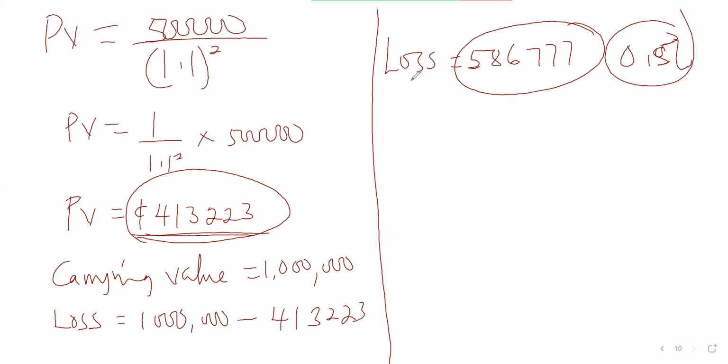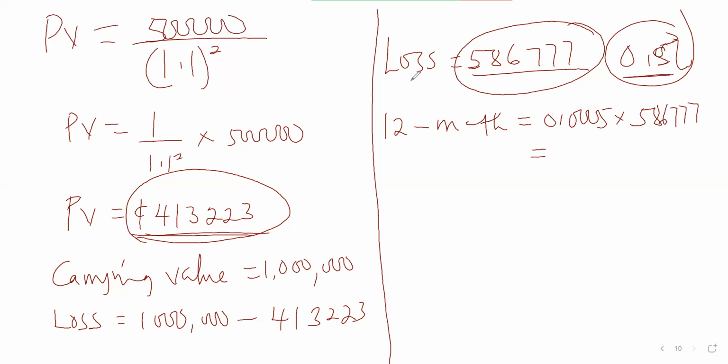We find the 0.05% of this to make the provision for the 12 months. So this is the expected loss, but only a small percentage of this is likely to happen. So we find the percentage of that. So that will be 0.0005 times 586,777. What are you getting?